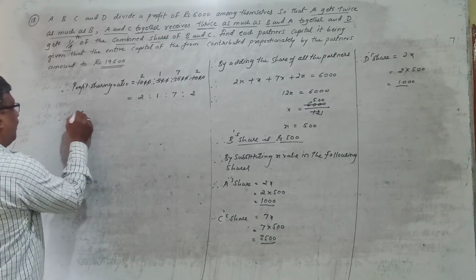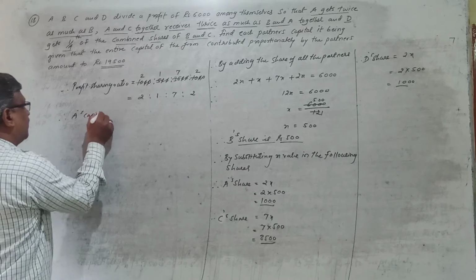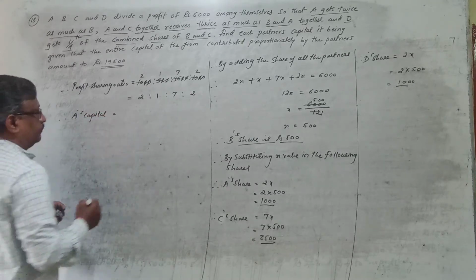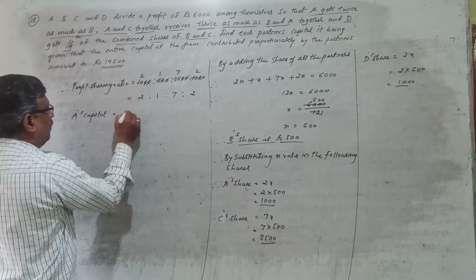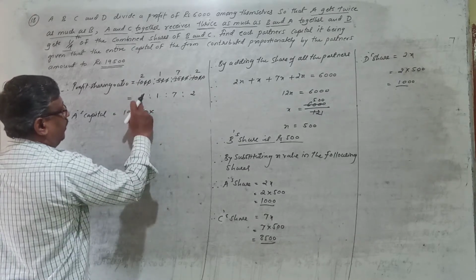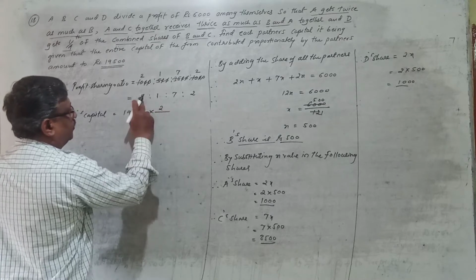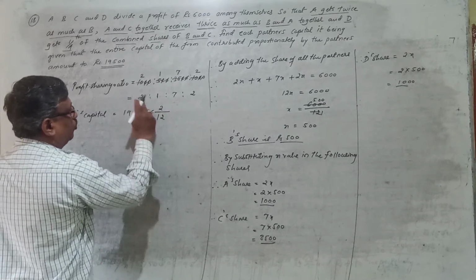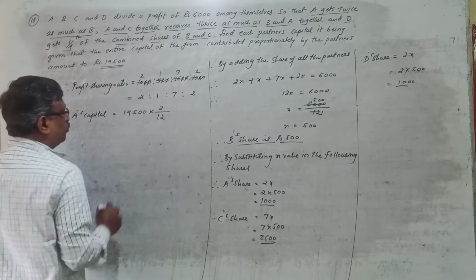A's capital equals the total capital 19,500 multiplied by A's share 2, divided by the total of these 4 terms, which is 12.